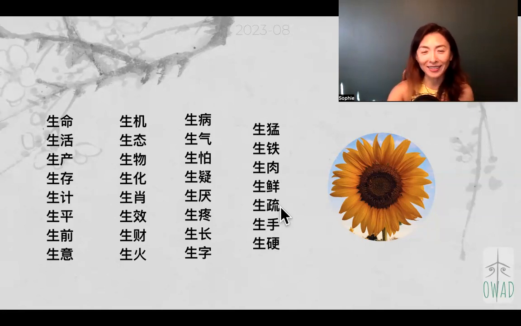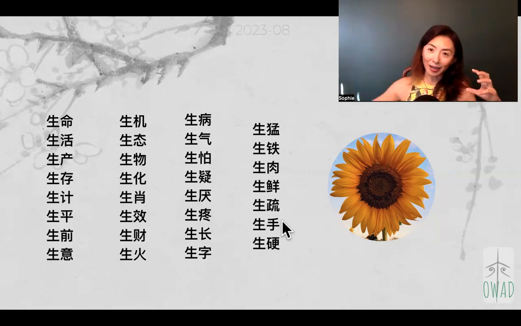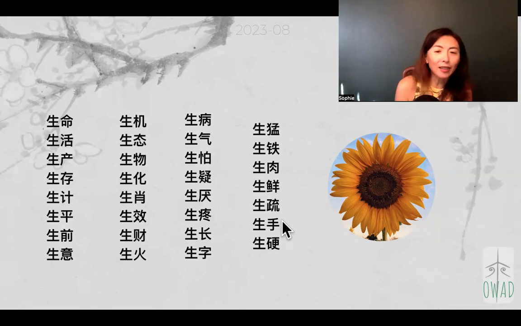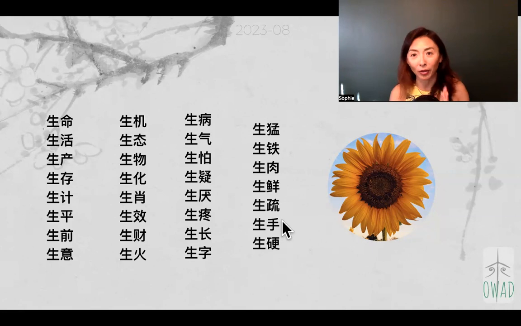So all of these started with the same character and were then combined with a different character. And they're all lively expressions commonly used in Chinese, because they're all somewhat attached to life, right? They're related to our livelihood, to our everyday living. So these are commonly used Chinese expressions or phrases.